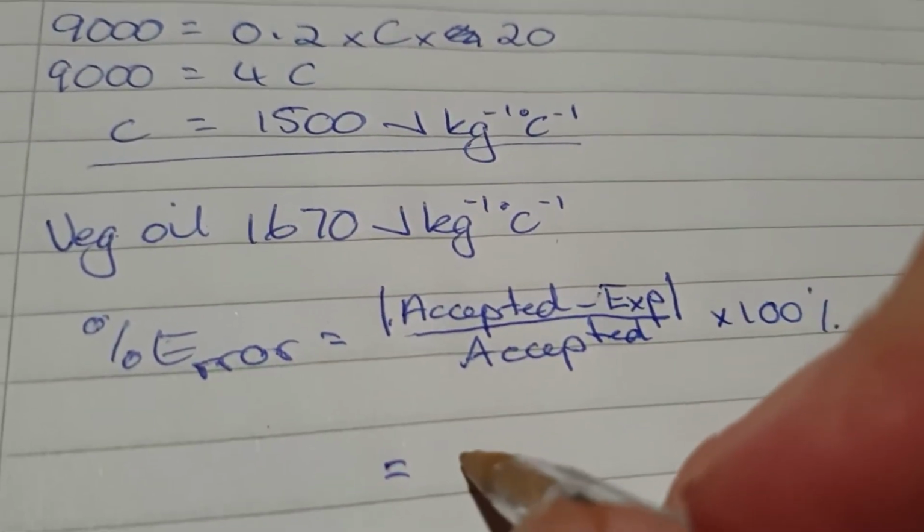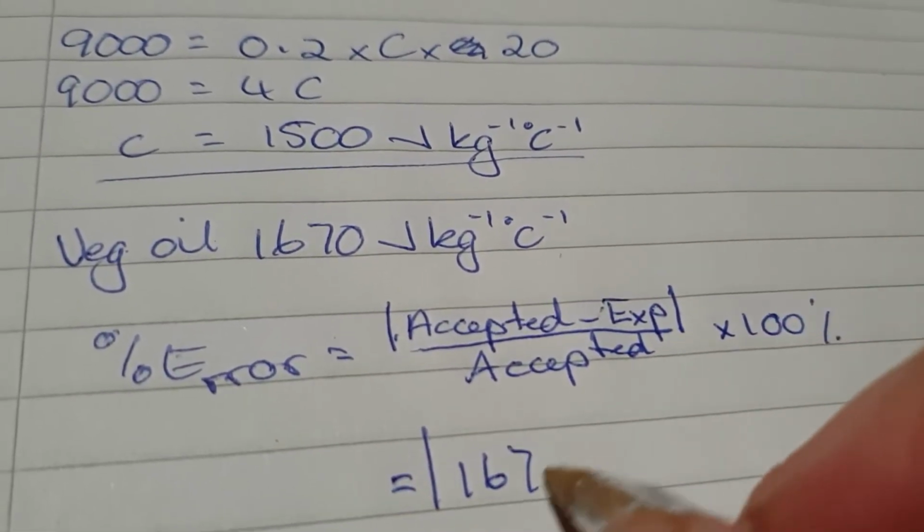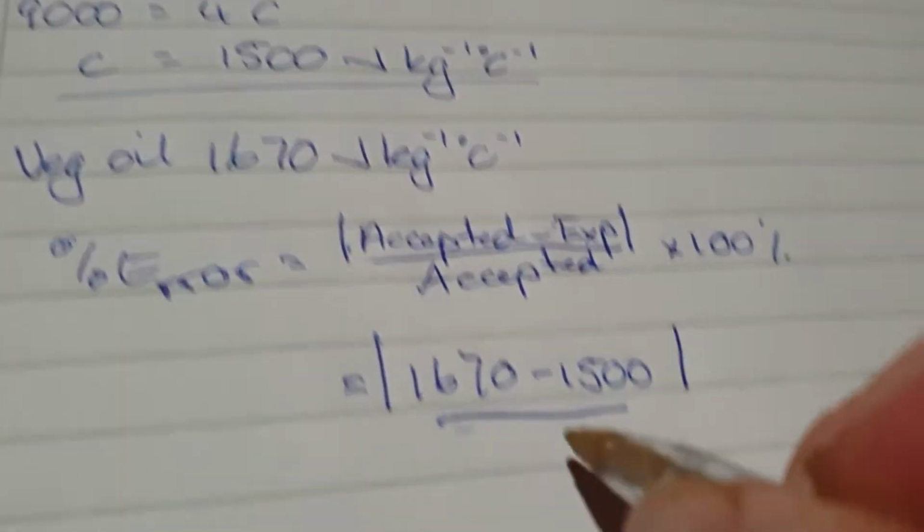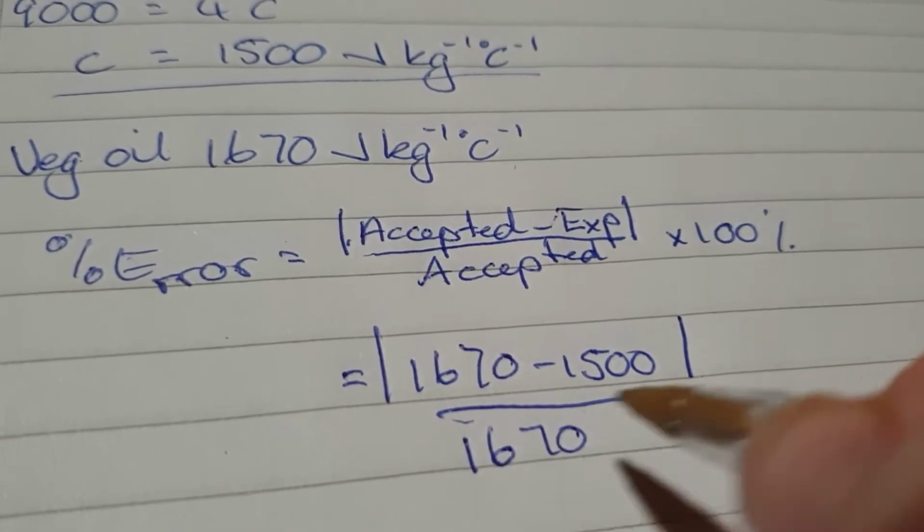Righto, so we would have 1670 minus 1500 over 1670.